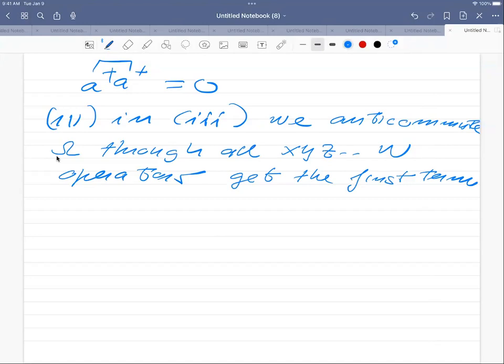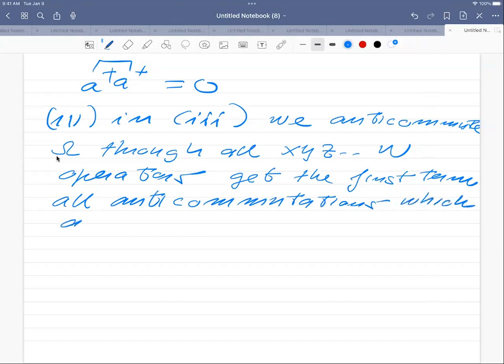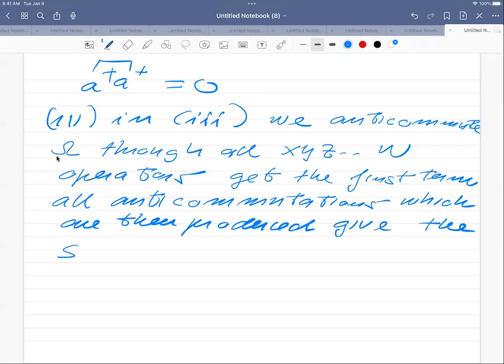And all the anti-commutators which are then produced give the second term in that lemma equation, the second term of the lemma.